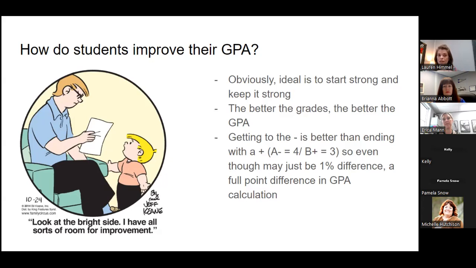The other thing that we've had a lot of conversation about in regards to GPA is that students will come in saying, I'm going to sign up for this AP class, I'm going to sign up for this IB class. Well, they're doing it with just the purpose of boosting their GPA. And like Ms. Abbott was saying, when you have a C in an IB, an AP, or a College Credit Plus course, that's really not going to be purposeful for the purpose of a GPA.